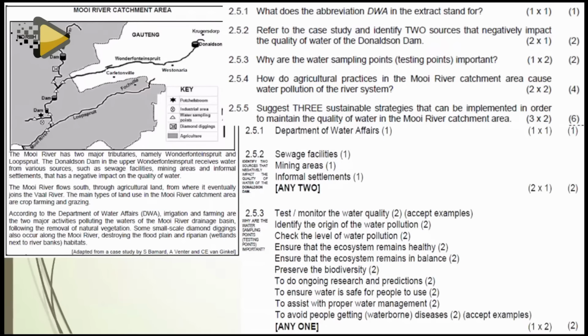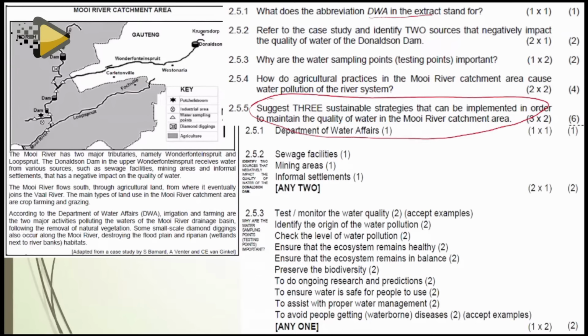What is important with this is you must know the strategies. Suggest 3 sustainable strategies that can be used. Most of the common answers will be the strategies. What is key here? You must know what the abbreviation DWA stands for.